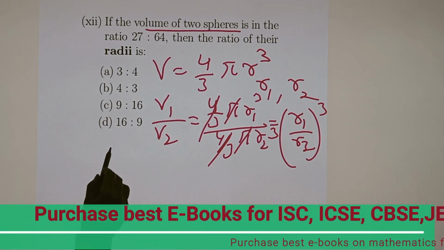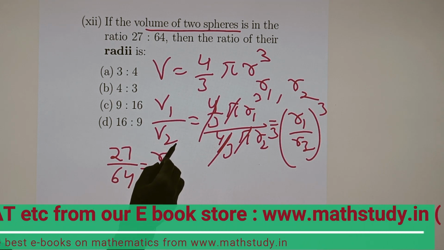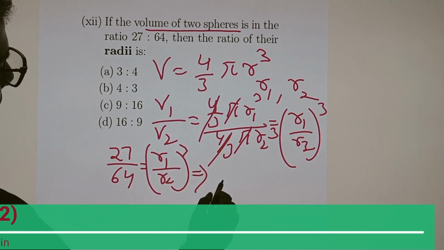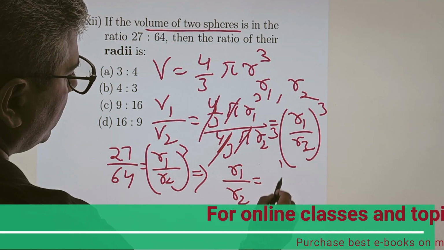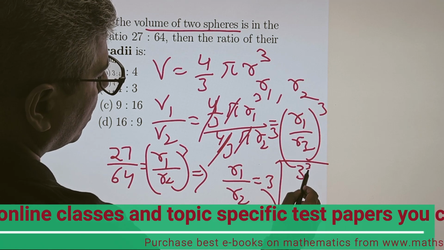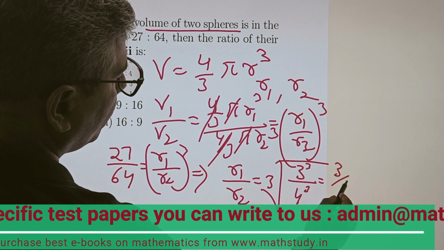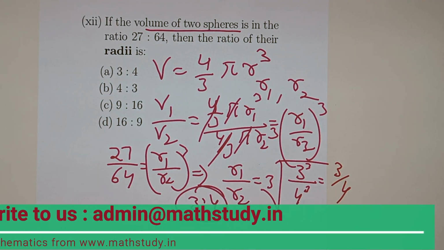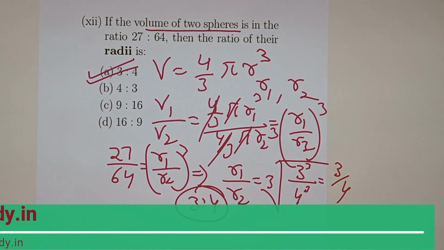So 27 upon 64 is equal to r1 upon r2 whole cube. Or we can simply write that r1 upon r2 is equal to the cube root of 27, which is 3 cube, upon 64, which is 4 cube. So this is equal to 3 by 4. So our ratio is nothing but 3:4. So this was an easy question, and option A is the correct answer here.